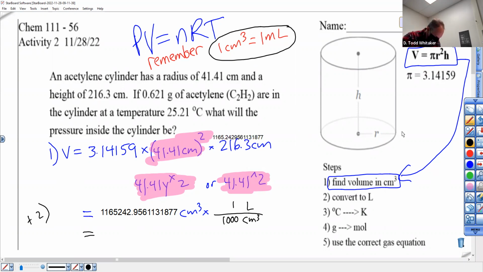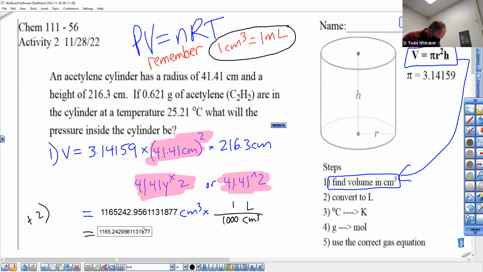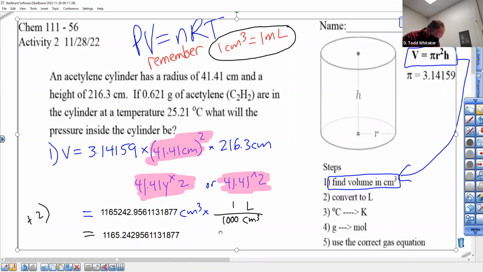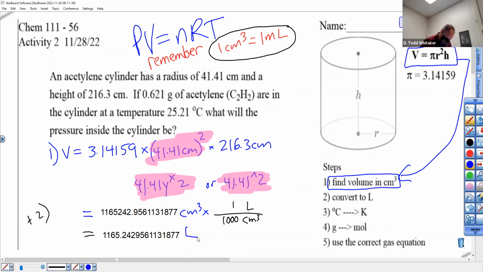It's really small though. And that's now what units, please? Liters. That's right. Beautiful. Okay. Did I move it 3 times? 1, 2, 3. I didn't do it right. Did I? I did do it right.